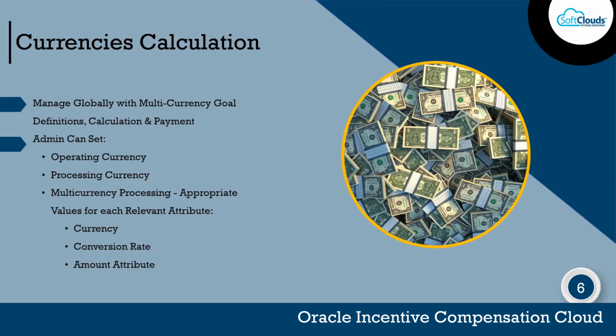So using the incentive compensation platform, we're able to do this properly and efficiently and to account for different currencies, different conversion rates, currency fluctuations, etc. So all of this can be done using a modern incentive compensation platform.